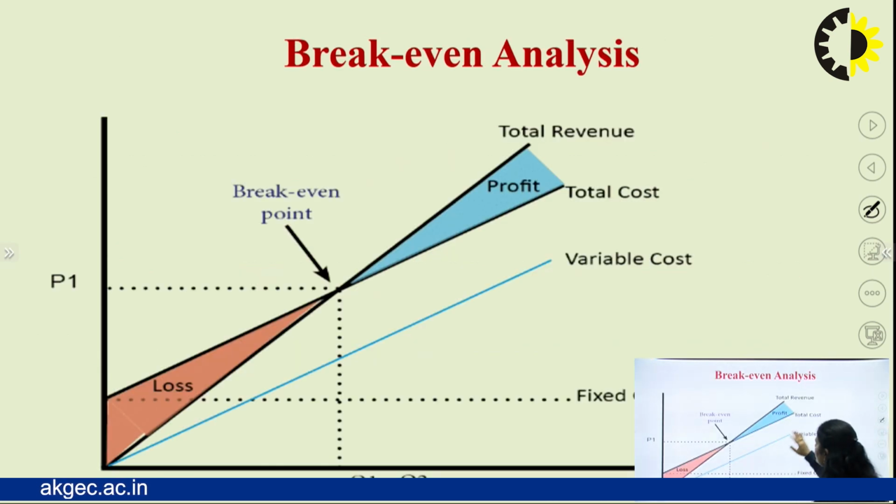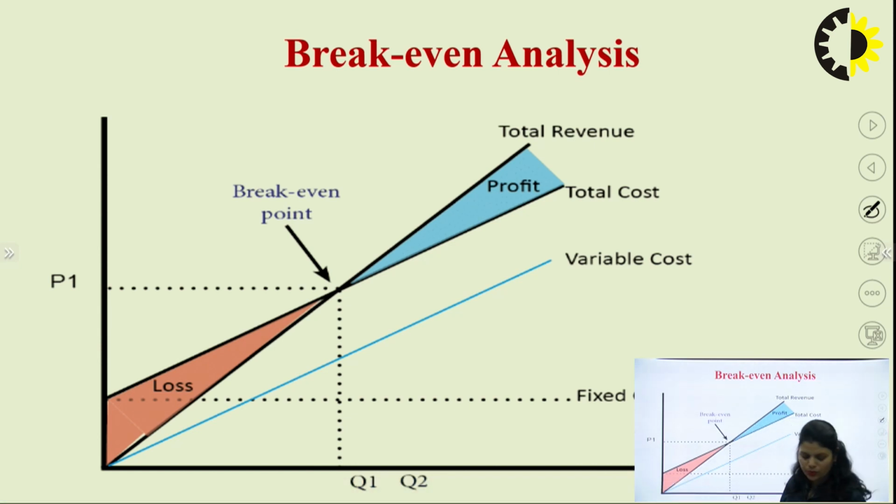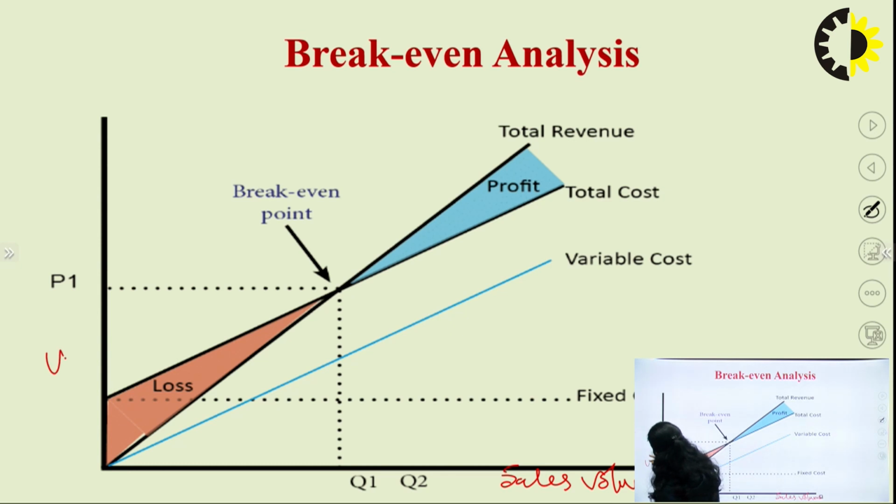Now, we can see here a plot between the cost and revenue and the sales volume. Here we can say it is the sales volume, and this is the cost here.